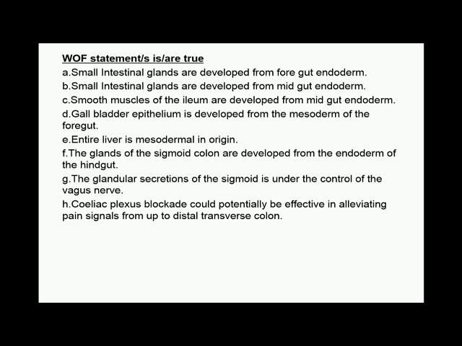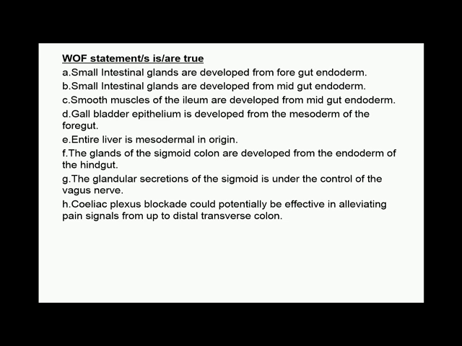Okay, so let's do this and take a small break. Small intestinal glands are developed from foregut endoderm. True or false? False. It is from the midgut, small intestine, midgut. Small intestinal glands are developed from the midgut endoderm. True. Smooth muscles of the ileum are developed from midgut endoderm.